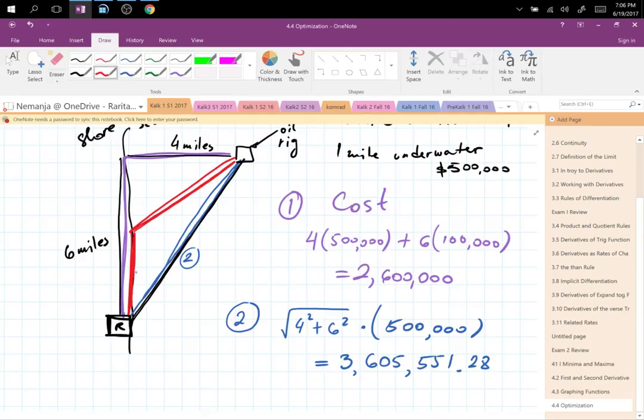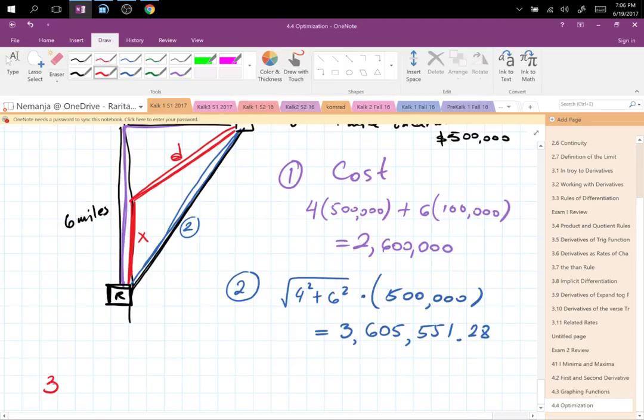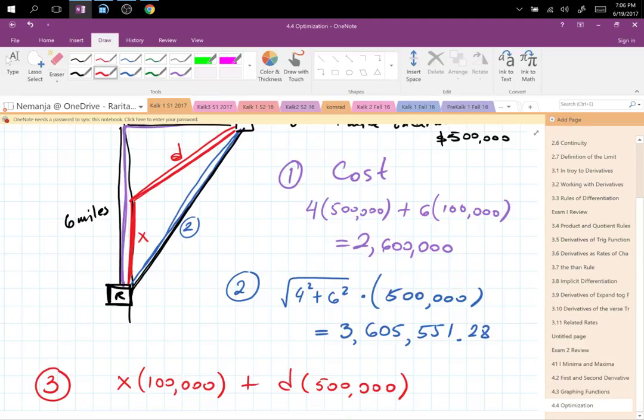If I call this distance over here x and call this one over here d, the cost would be x times 100,000 plus d times 500,000. And if we are to use calculus, my claim is that whatever the red cost comes out to be will be less than all the others.